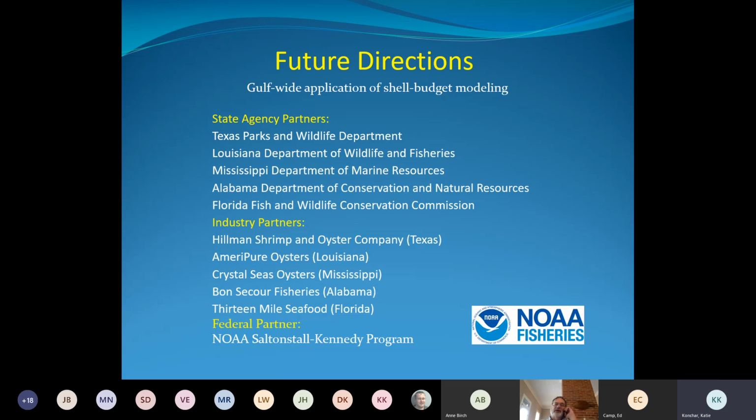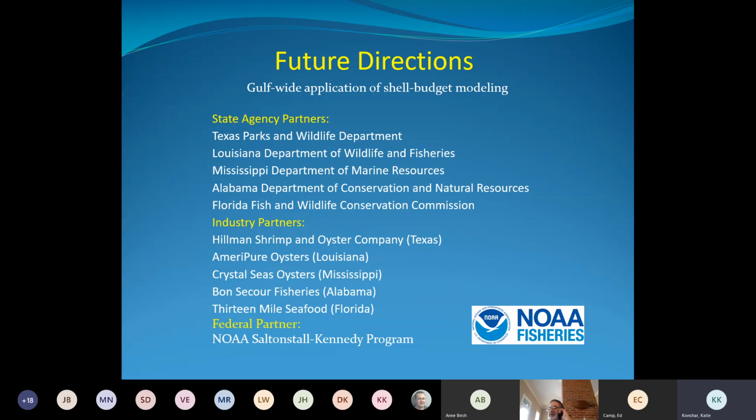So where are we going with all of this? Well, our criteria is no net loss of culch, but we do want to have standards of culch, the amount of culch, and determine what the optimal population of oysters is.